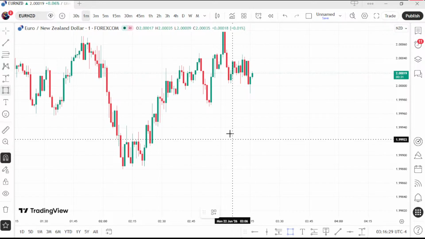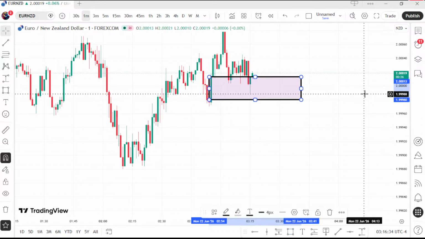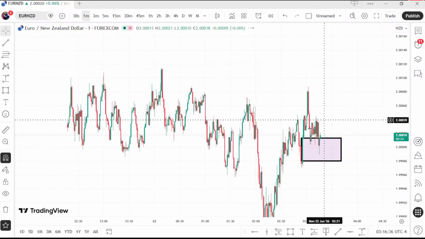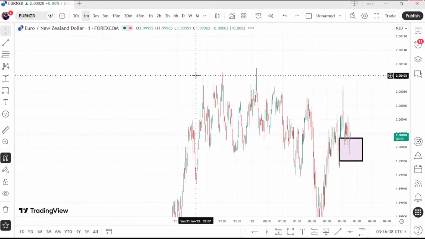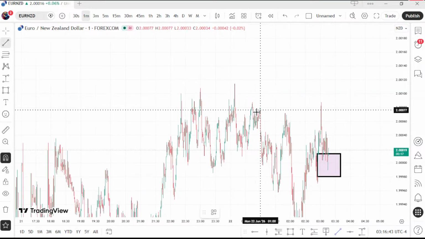This is a favorable gap in the 1 minute. So you might see prices rally up higher to these buy side liquidities here.